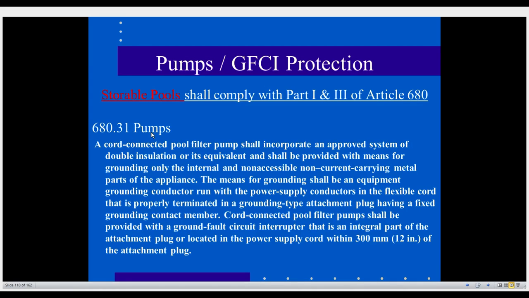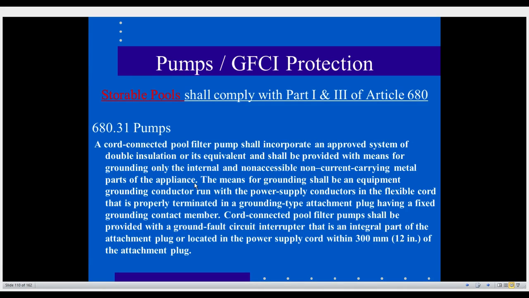So when you're dealing with the pumps, okay, we're talking about pumps for storable pools now. It says a cord-connected pool filter pump shall incorporate an approved system of double insulation or its equivalent, okay, and shall be provided with the means for grounding only the internal and non-accessible, non-current-carrying metal parts of the appliance.